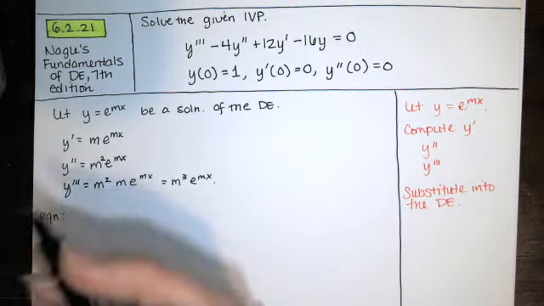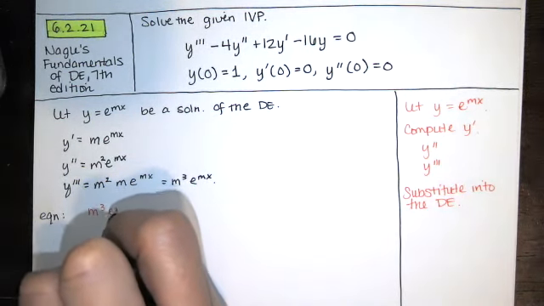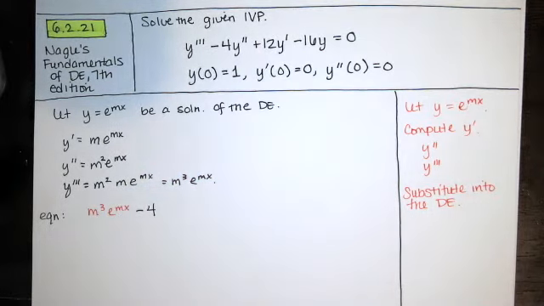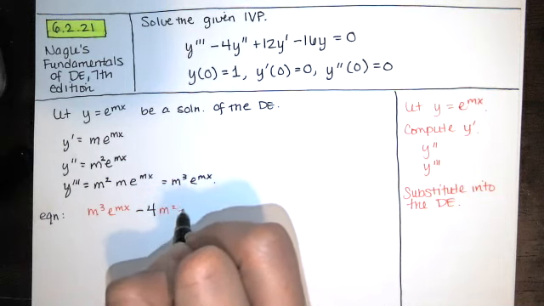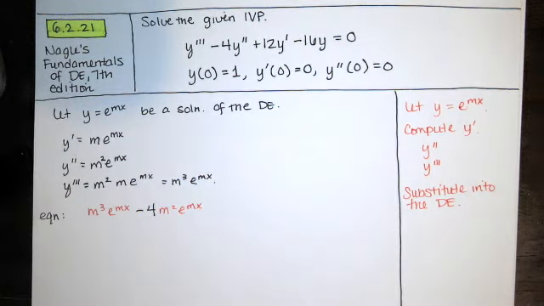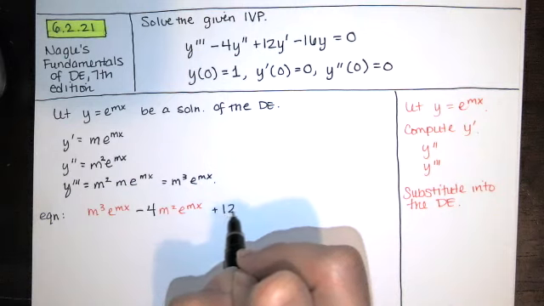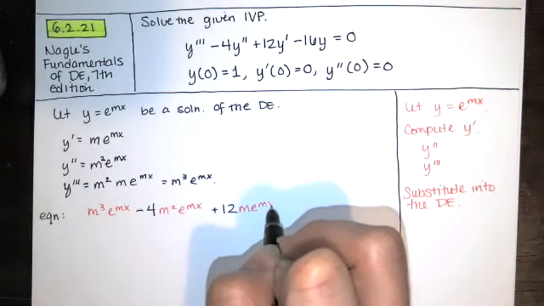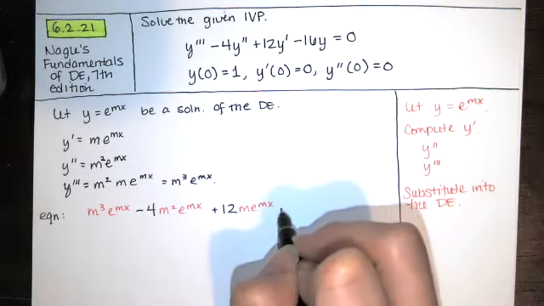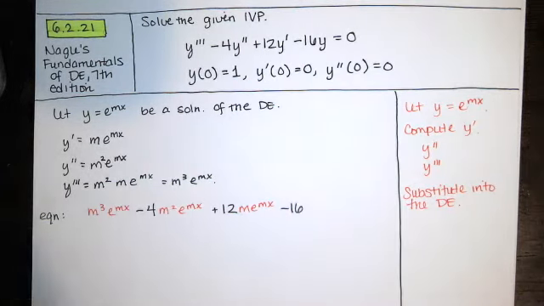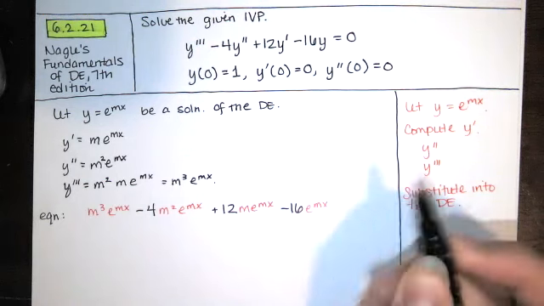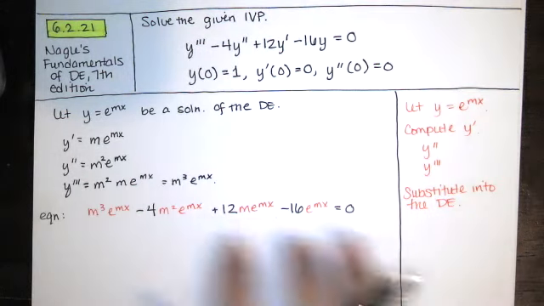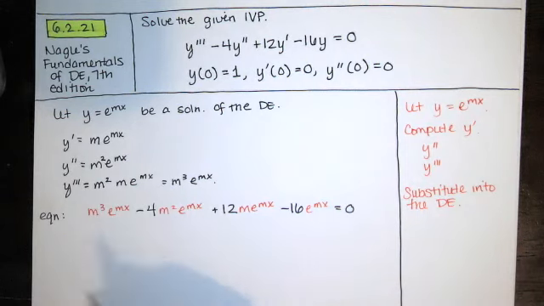We want y triple prime minus 4 times y double prime plus 12 times y prime minus 16 times y, which was e to the mx. We want that to be 0.